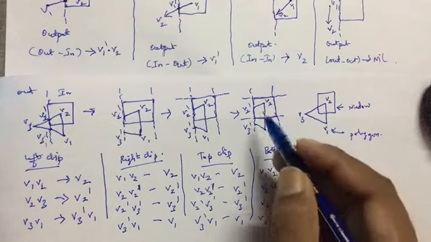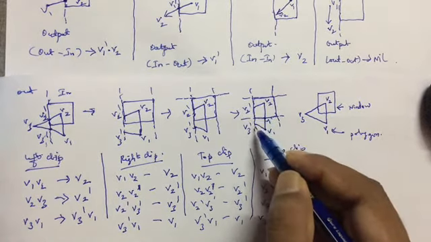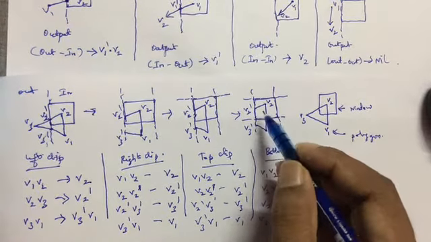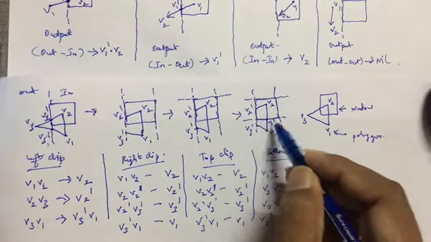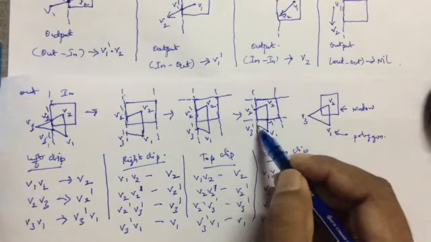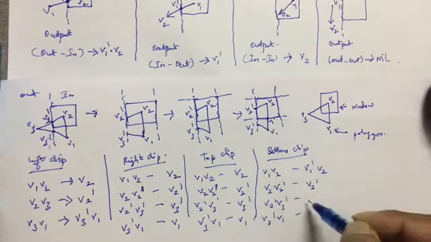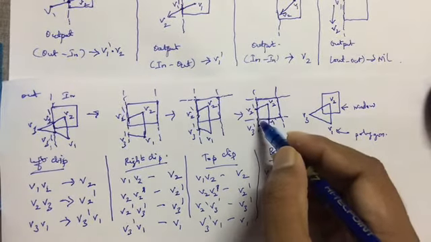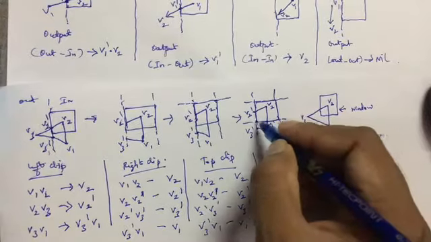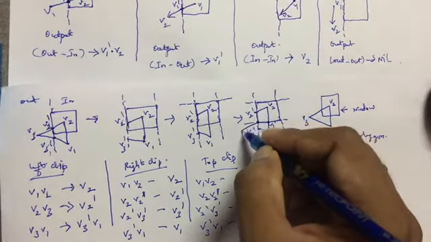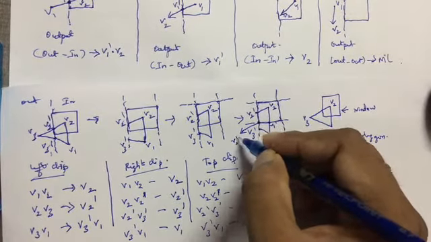And then V2 dash to V3 dash. Here this is the margin, this is the originating point, this is the end point. From originating point to end point we have to consider the output. In this case there is an intersection, so we name this point V2 double dash.